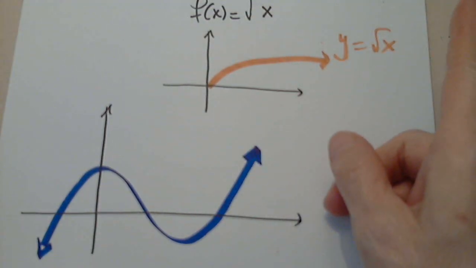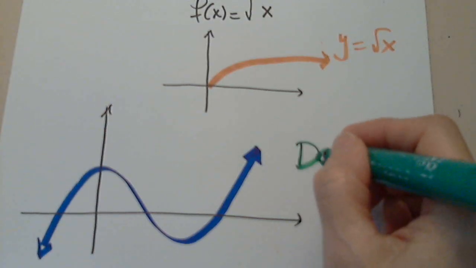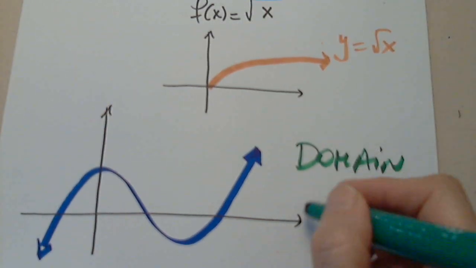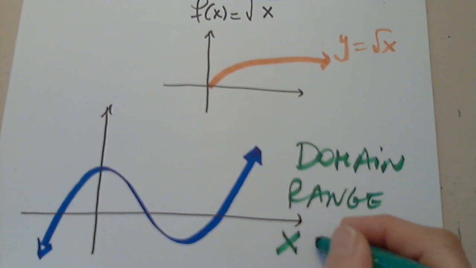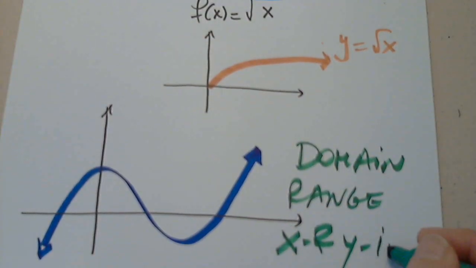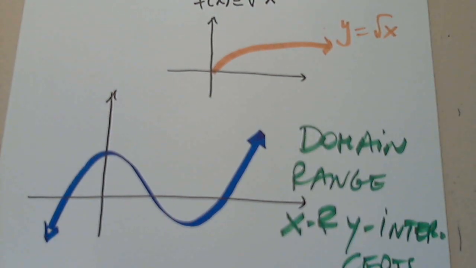A few questions here. The first question that we are very interested in is finding domain, finding range, x and y intercepts. So let's start with the x and y intercepts.